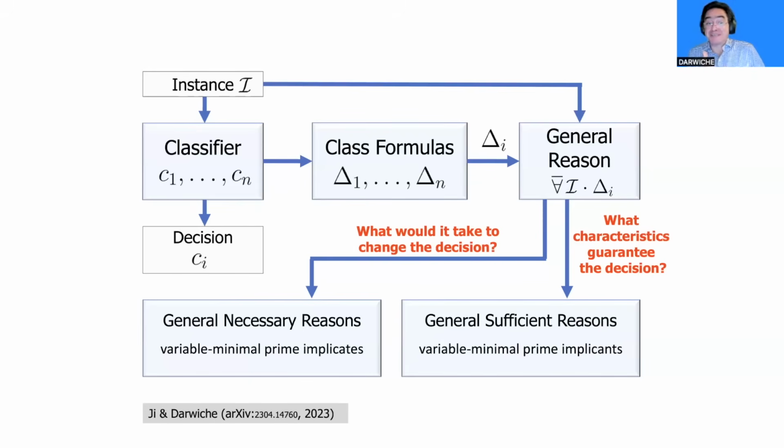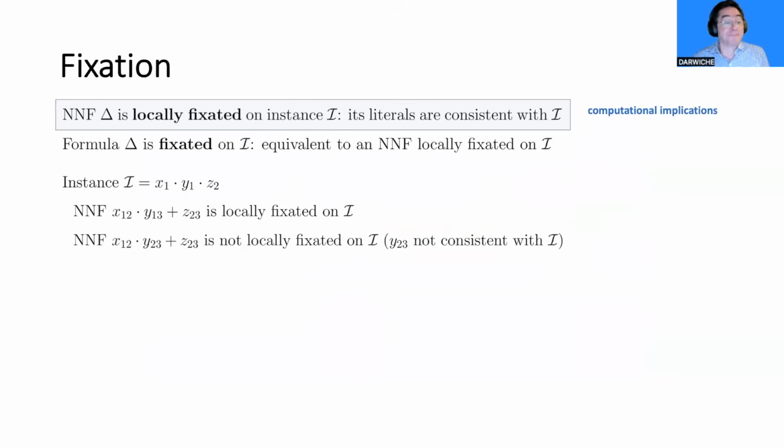I told you at the beginning of the tutorial that this theory of explainability is making new profound contributions to symbolic logic. These abstraction operators that I showed you, used to compute complete and general reasons, are very interesting. Now I'll tell you about this property called fixation, which generalizes monotonicity.